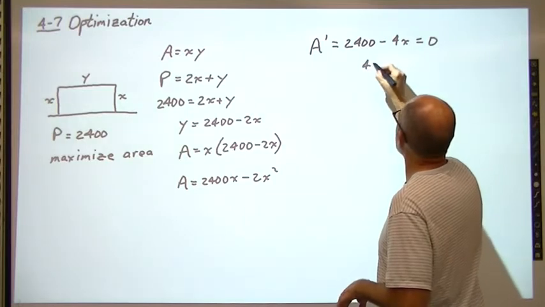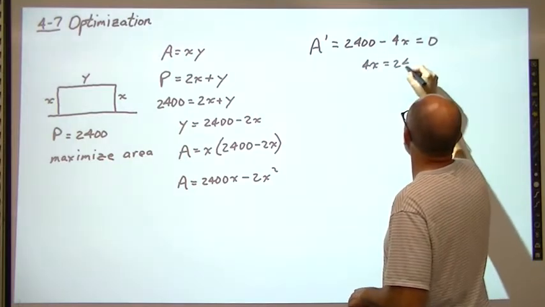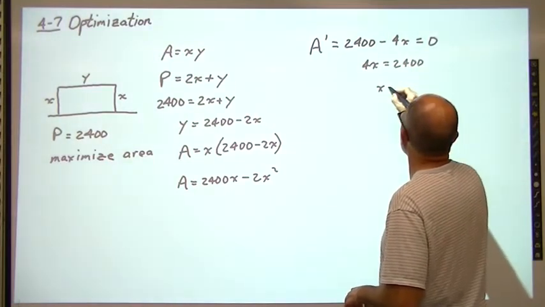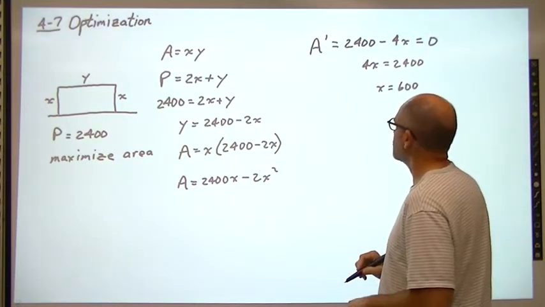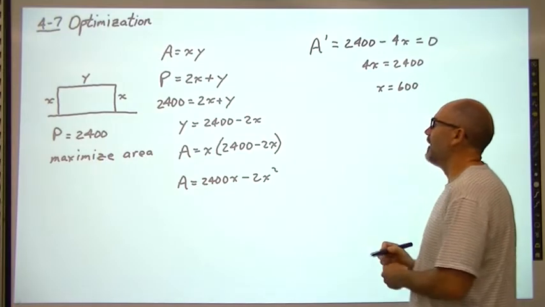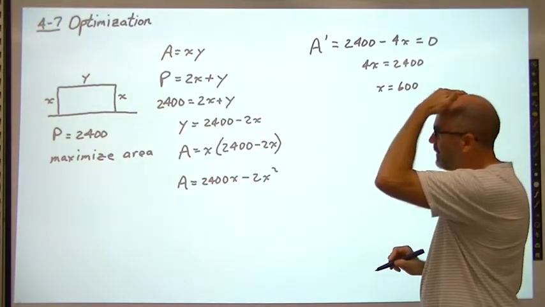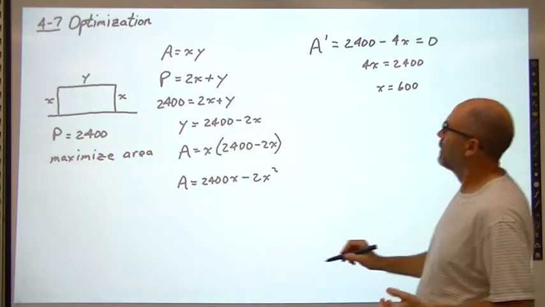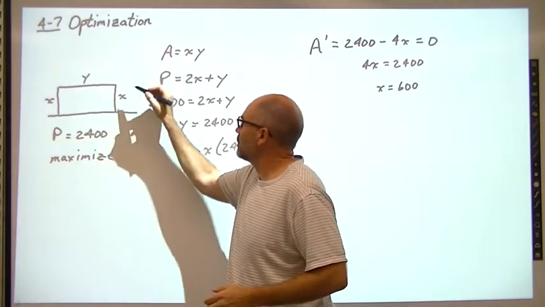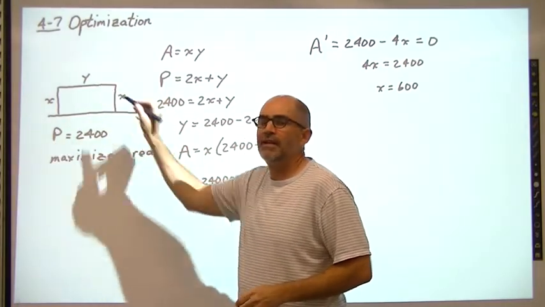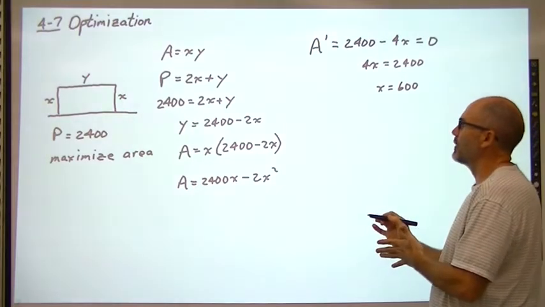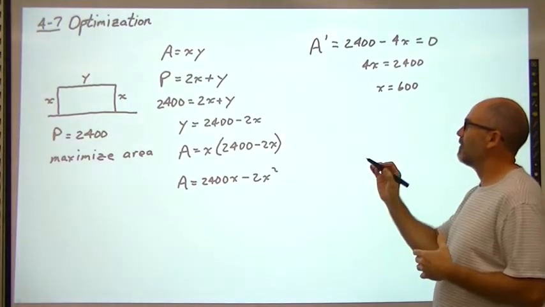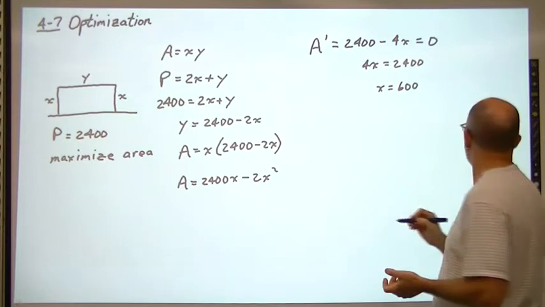So 4x equals 2400, and x equals 600. All right, so if x is 600, then that means we've got 600 plus 600 is 1200. That means to make the entire perimeter of the 2400 feet, we have to have y equal to 1200.